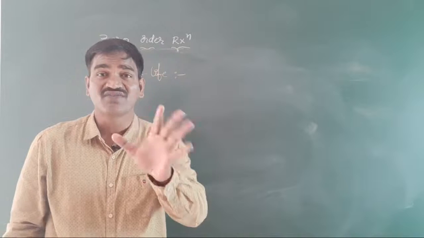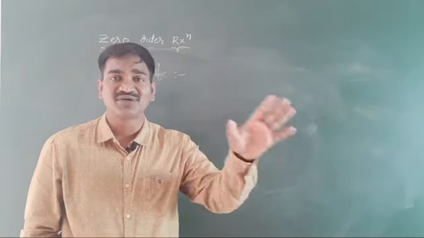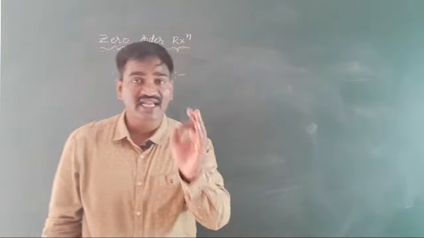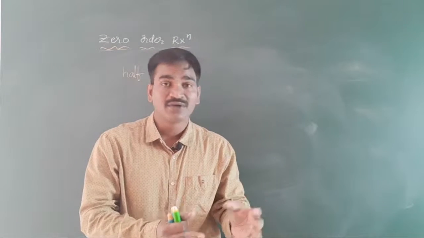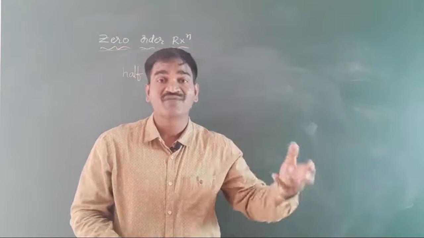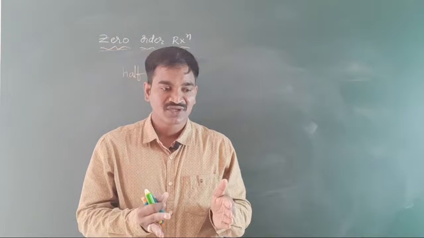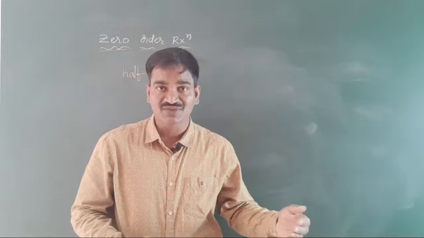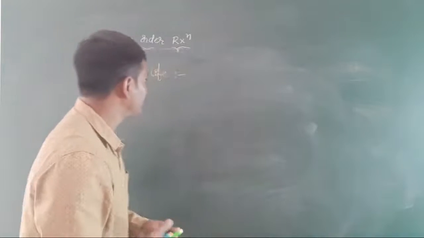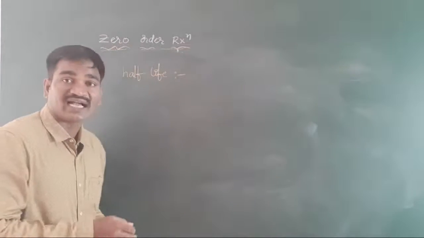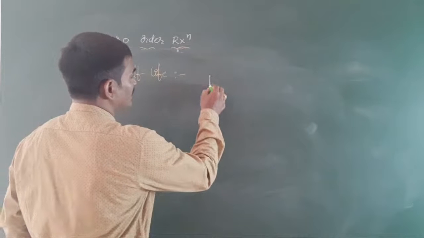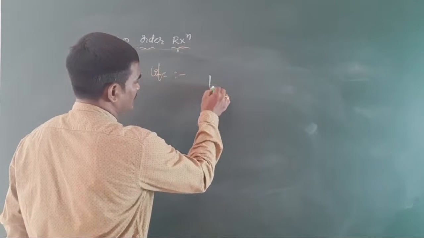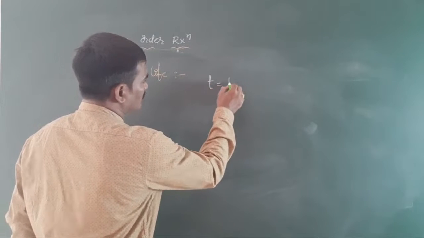That is called half-life. For example, you take 100 grams. How much time does it take to become 50 grams? That time is called half-life. So everyone should remember, the time T is equal to T half, you take.